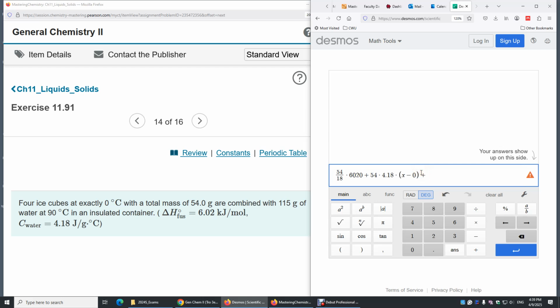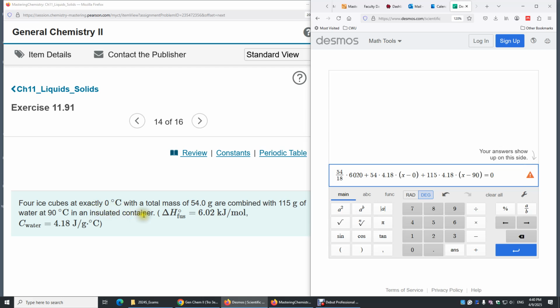So these two parts together are the amount of heat absorbed by this 54 grams of ice. And now we have also 115 grams of hot water times 4.18 times the temperature change of the hot water. Everything together should be 0, because we mix the 115 grams of hot water and ice cubes in an isolated container.